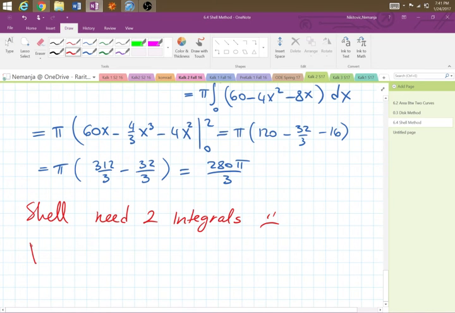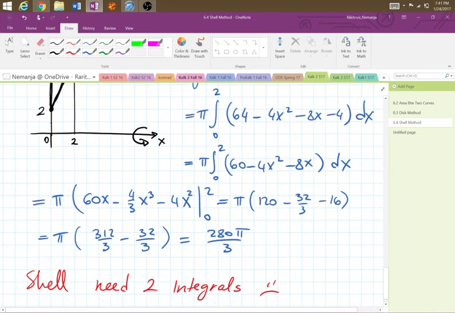Volume is going to be 2 pi integral, and the first representative rectangle swipes from 2 to 6, and I have y, which is the position. Now I have to figure out what this function is flipped into y.